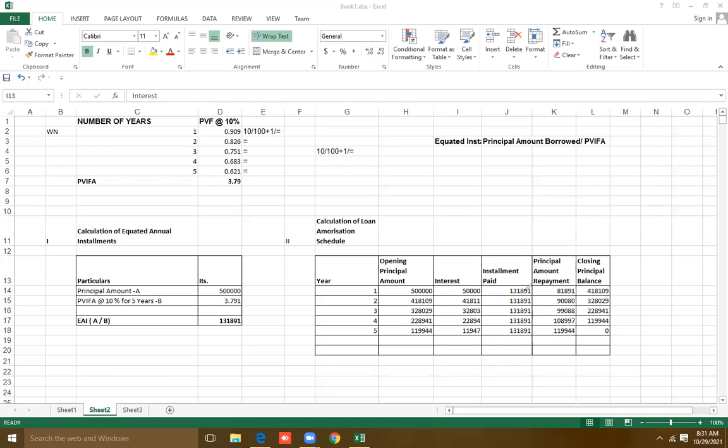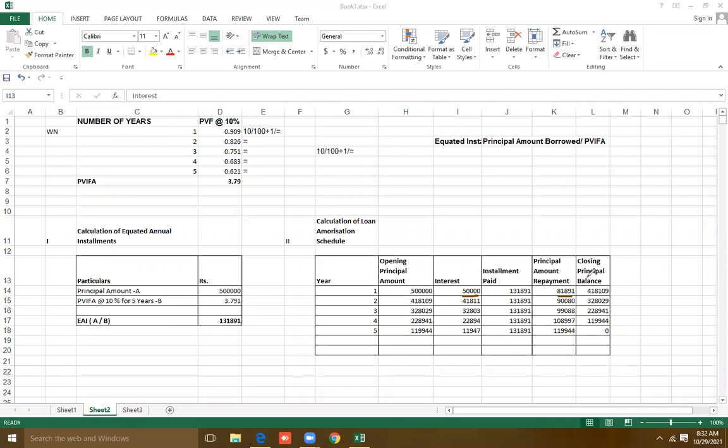In this 1,31,891, 50,000 is the interest component, so the balance will be the principal amount component. 1,31,891 minus interest gives the principal repayment. So in this installment, 50,000 is for the interest which the bank is charging, and the remaining 81,891 is the principal component of what you have borrowed from the bank.